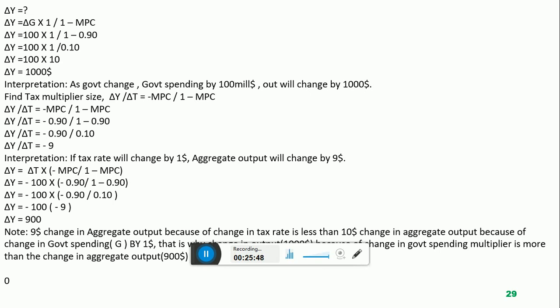I am again defining the meaning of delta Y equal to $900 million. Its meaning is that if the government of Afghanistan decreases the tax rate by $100 million, as a result, aggregate output of Afghanistan will increase by $900 million. Let me repeat again. Delta Y is equal to delta T multiplied by minus MPC over 1 minus MPC.